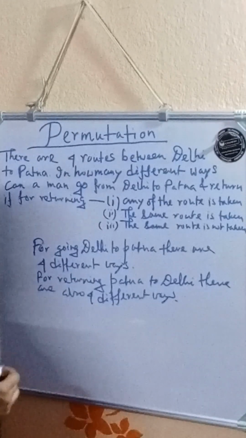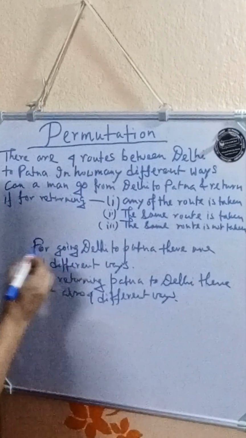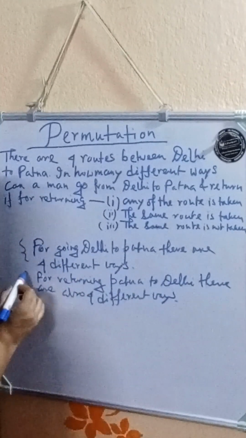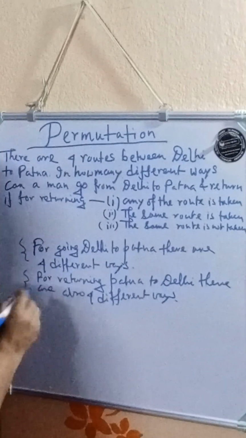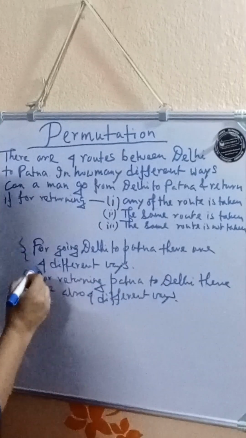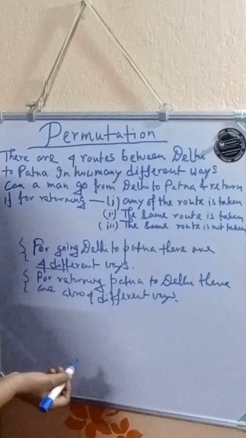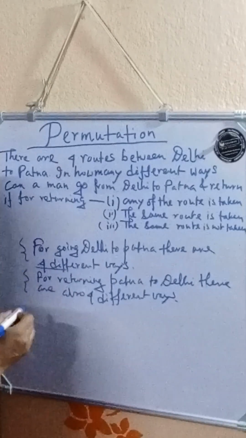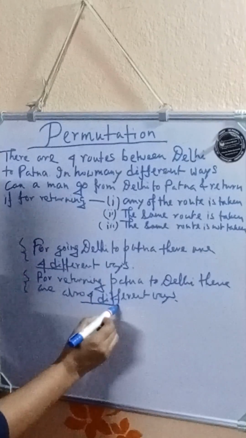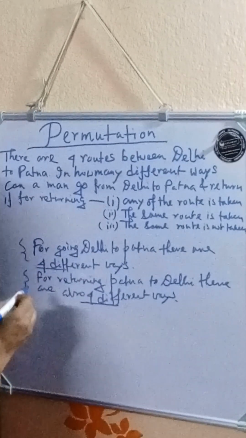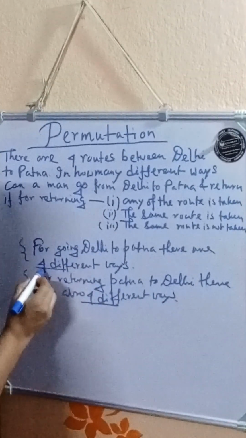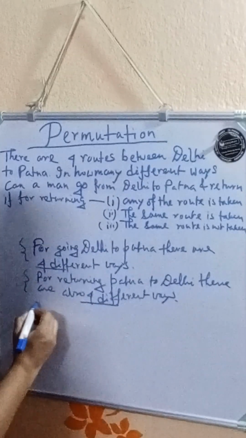Now, there are 2 operations: going Delhi to Patna is one operation and returning Patna to Delhi is another operation. If one operation can be performed in m ways, here 4 different ways, and for each of these m ways the second operation can be performed in n ways, here 4 different ways, then the 2 operations in succession can be performed in m into n ways, means 4 into 4, 16 ways.